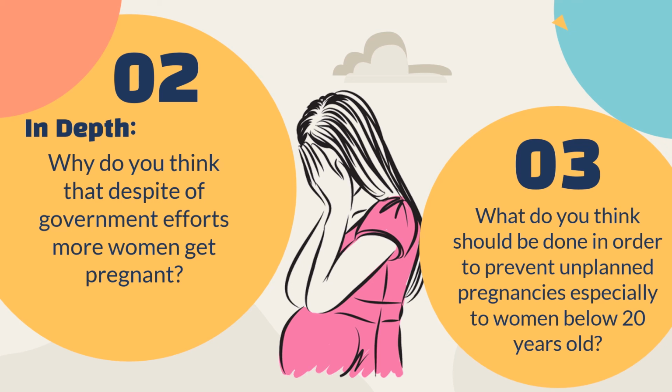So, ano pang kulang na hindi pa nagagawa ng government natin? Or what is the problem? Why do women get pregnant at a young age? Bakit kaya? The third question is, what do you think should be done in order to prevent unplanned pregnancy, especially for women below 20 years old? Pero alam naman natin siguro ang sagot diyan.